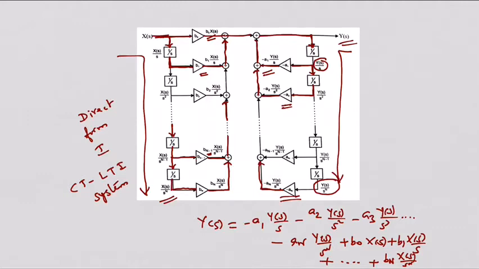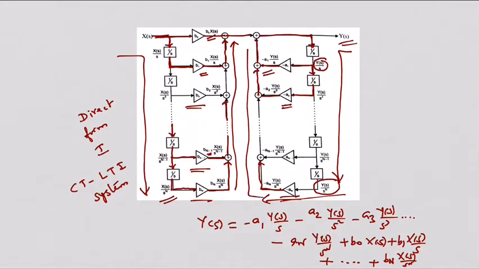So at every stage it is multiplied by a scaling factor and they are all added again to generate the output. Similarly, this side also, all the terms are multiplied by the appropriate multipliers based on their coefficients, and they are all added to produce the final output y of s. So x of s is applied as an input and y of s is produced as an output of this direct form 1 structure, right?